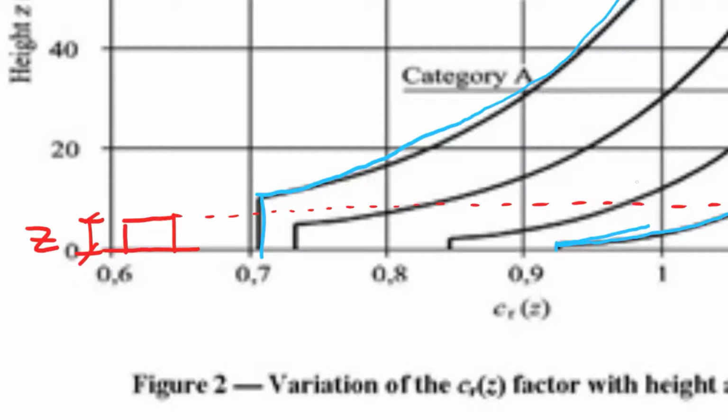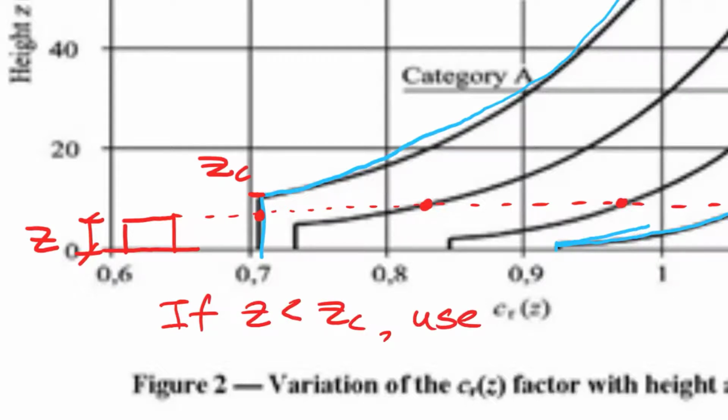I would design it for terrain category A, B, C, but now when I get to terrain category D, if my little building is below the height at which we don't adjust the wind speed anymore, I would use ZC for design. ZC is this cutoff height where the graph flatlines and goes vertical. And so if your Z is less than your ZC, then you use ZC for design.